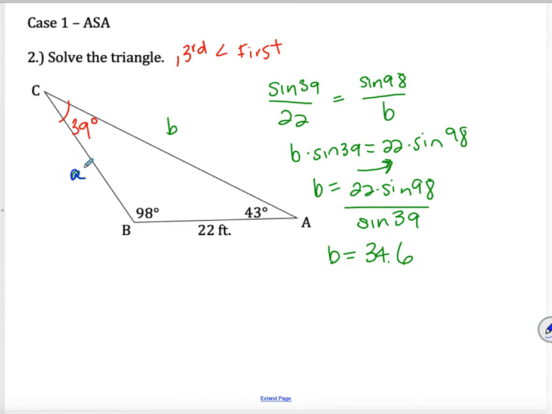All right, so we're ready for little a. Again, I'm going to use my sine of 39 over 22, just in case I had a mistake on b. Sine of 39 over 22 equals the sine of 43 divided by little a.